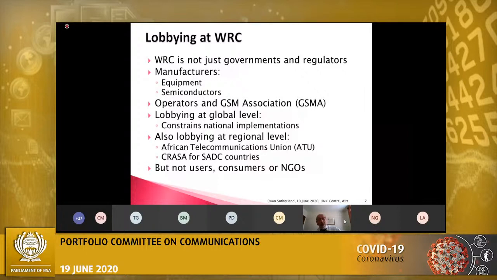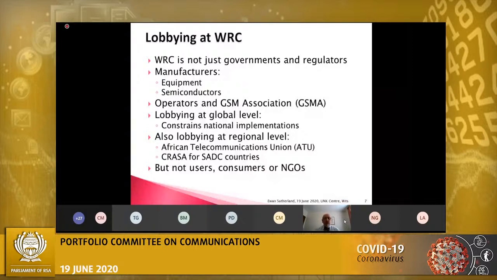And they're also involved in lobbying at the regional level at the African Telecommunications Union and at CRASA, the SADC group of telecoms regulators. The groups who are absent from WRC are users, consumers, and non-governmental organizations.